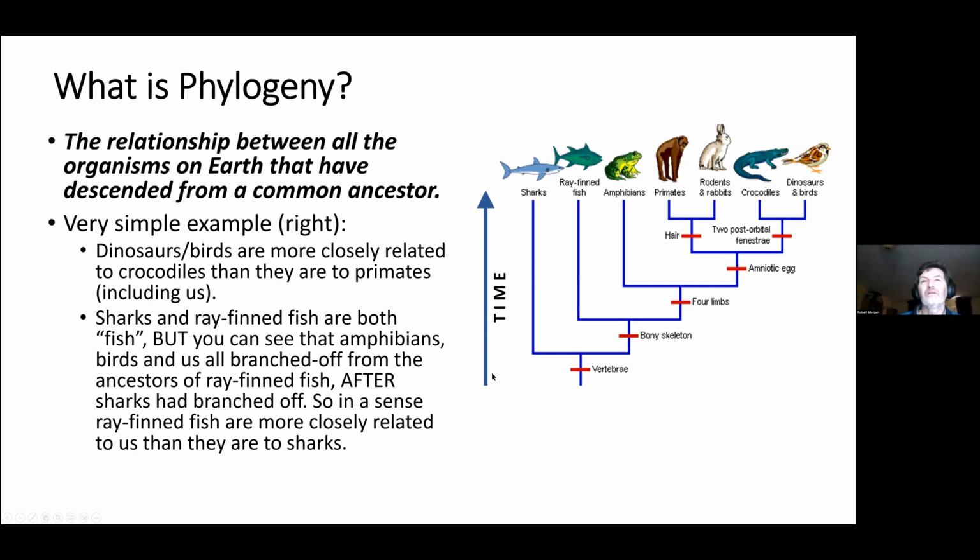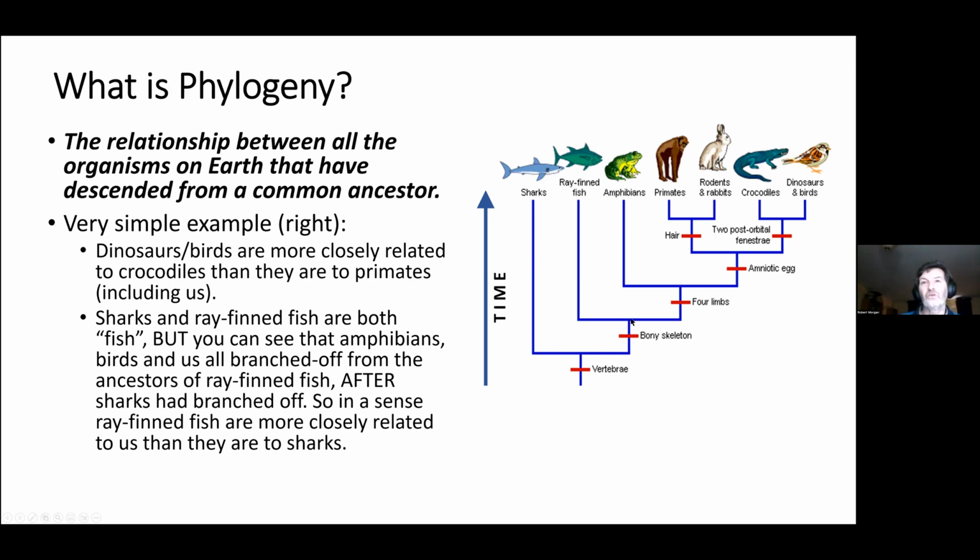You've got time here over some hundreds of millions of years. You've got firstly vertebrae evolved, our backbones, and organisms with vertebrae then split into sharks, which have got a skeleton of cartilage rather than solid bone.